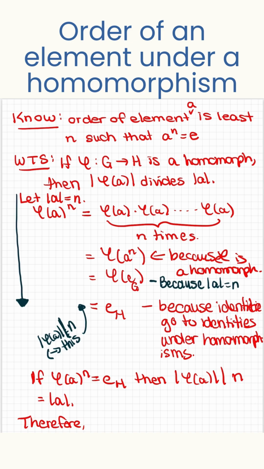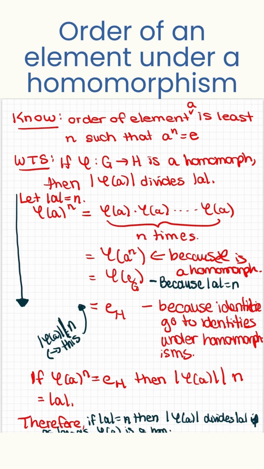Okay, so therefore, if the order of A is equal to n, then the order of phi of A divides the order of A, as long as phi is a homomorphism.